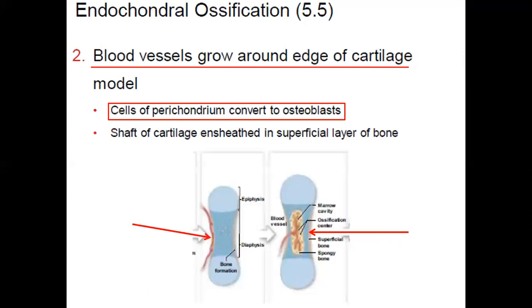Remember, what do osteoblasts do? They build bone. So now the cells of the perichondrium become osteoblasts and start to build bone and create this collar, a superficial layer of bone around what will become the diaphysis.